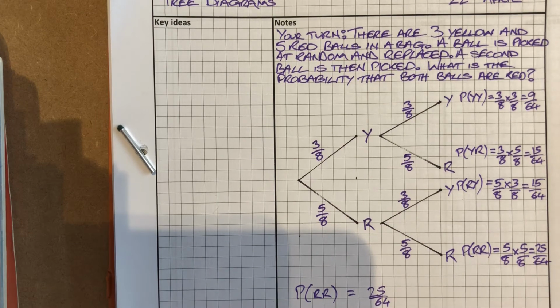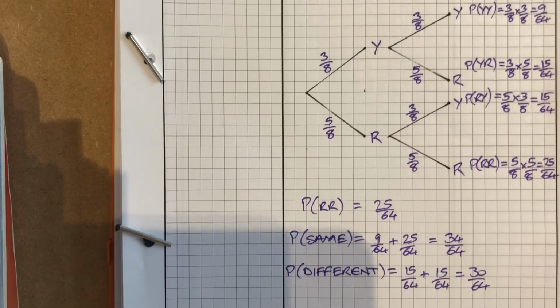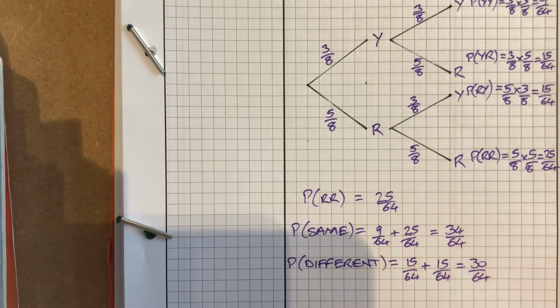So that's 15/64. Add 15/64. And that is 30/64. And again, these two answers here add up to one whole one. Okay, 34 add 30 is 64/64.